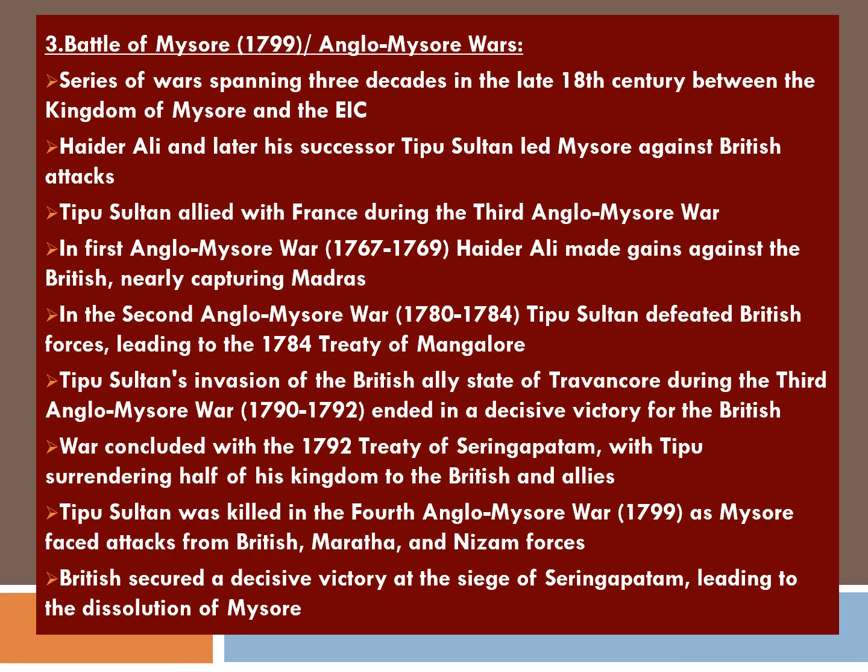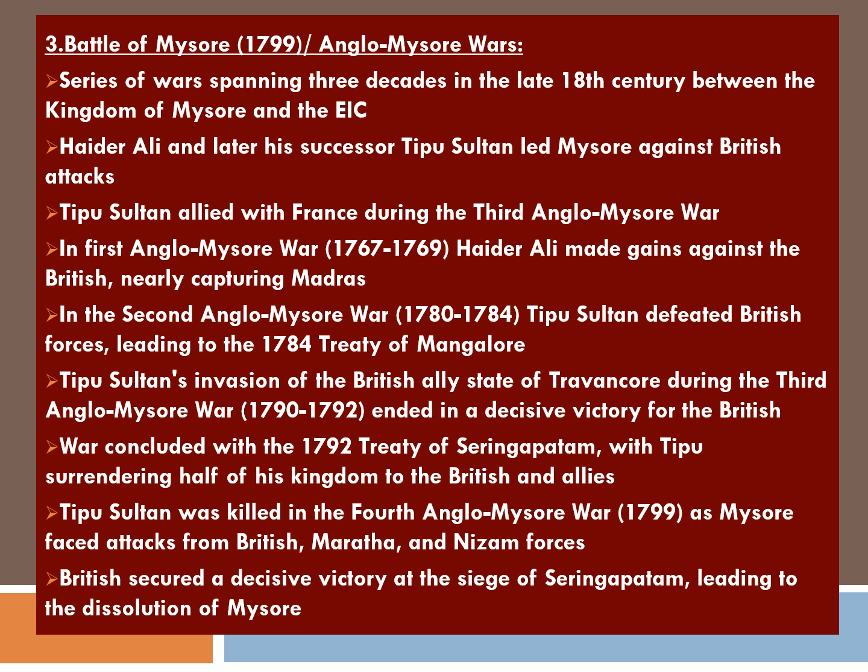So, the Battle of Mysore or Anglo-Mysore Wars are basically a series of wars spanning three decades in the late 18th century between the Kingdom of Mysore and the British East India Company. Hyder Ali and later his successor Tipu Sultan led Mysore against British attacks from the west, south and east, alongside the Marathas and Nizam forces from the north.